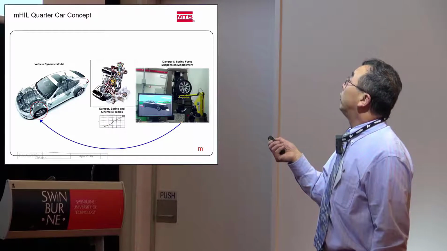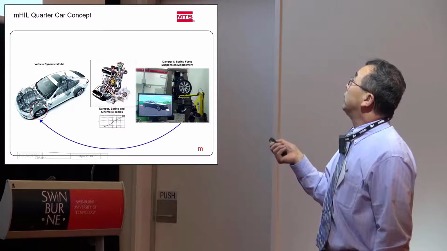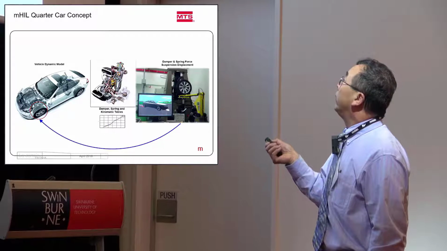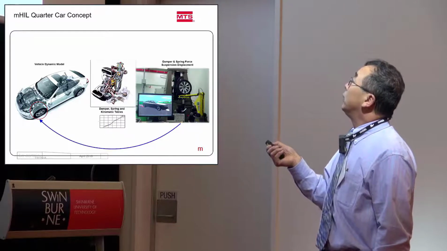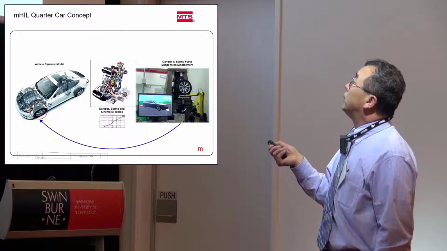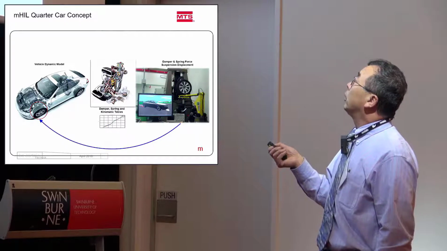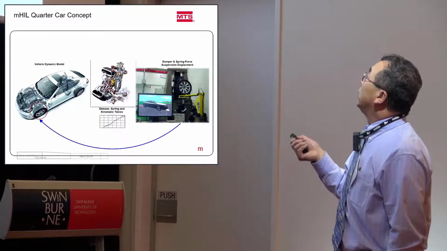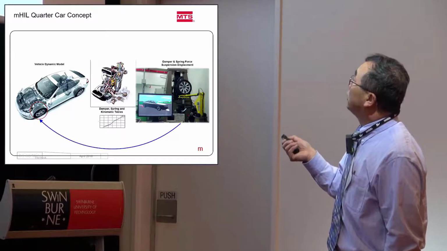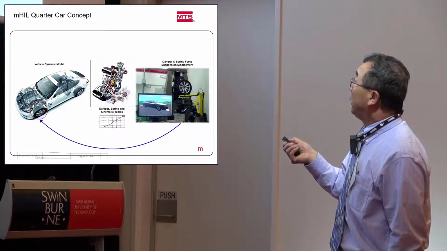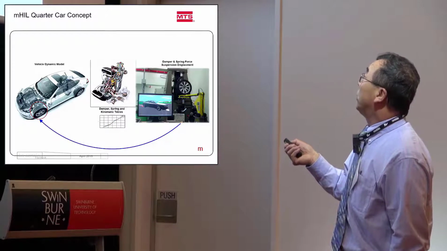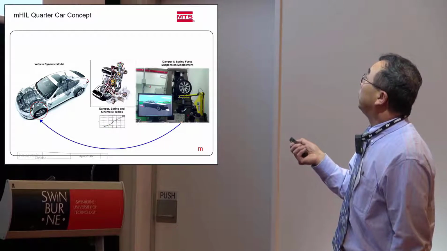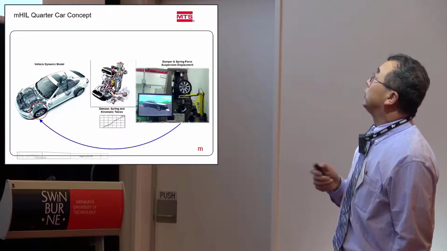The lateral force and the vertical force are obtained from this test rig, and the rest of the DOF loads are obtained from the numerical substructure. So the quarter suspension is in the physical substructure, and two degrees of freedom of the tire are in the physical substructure.